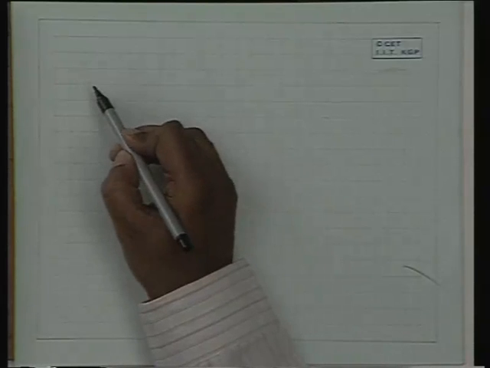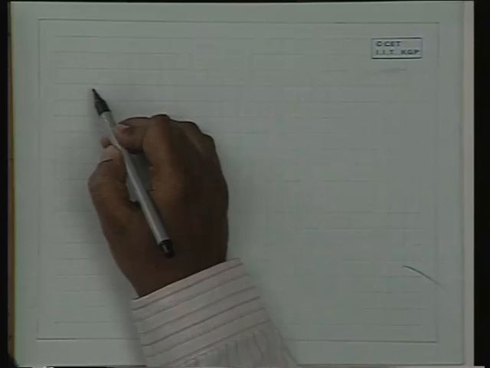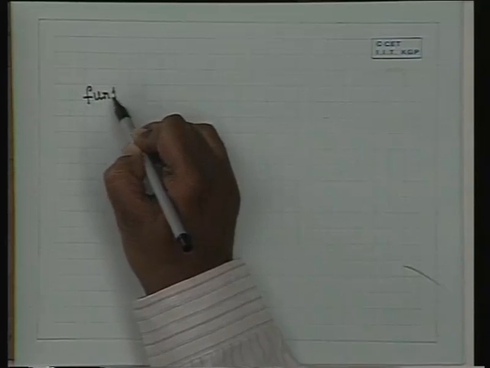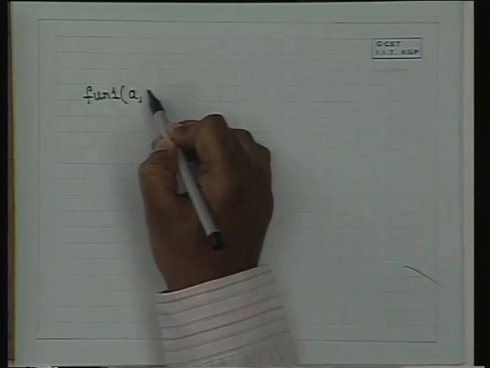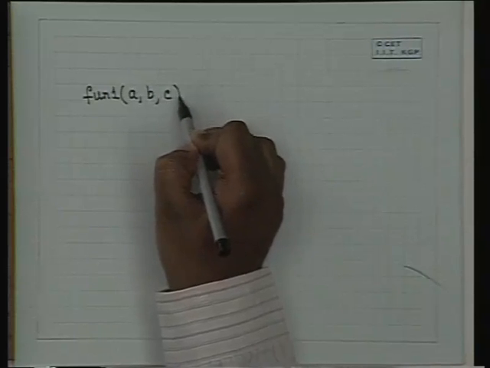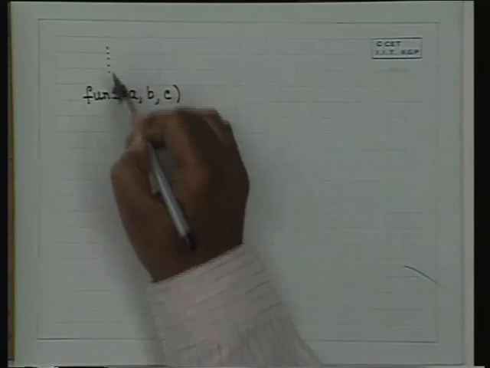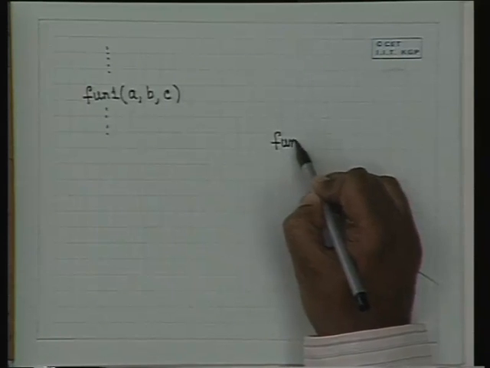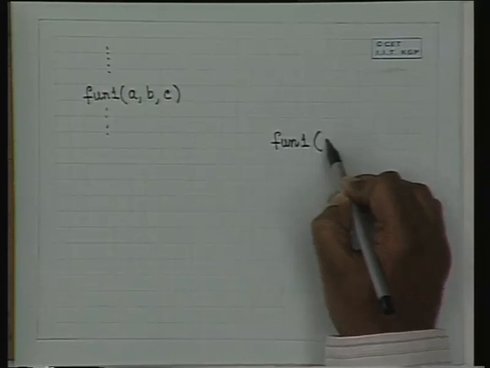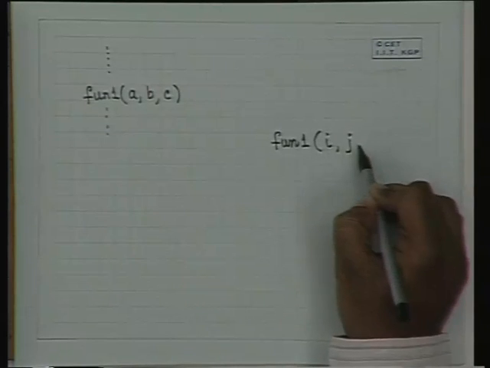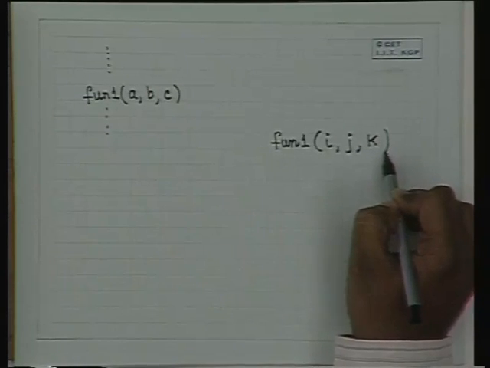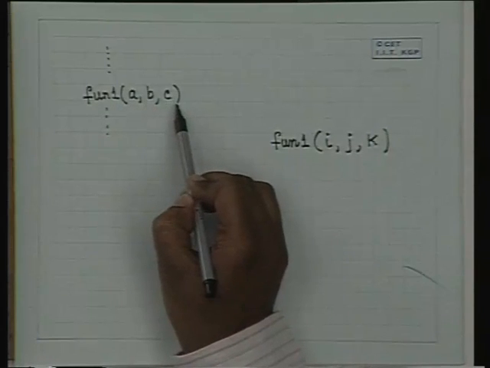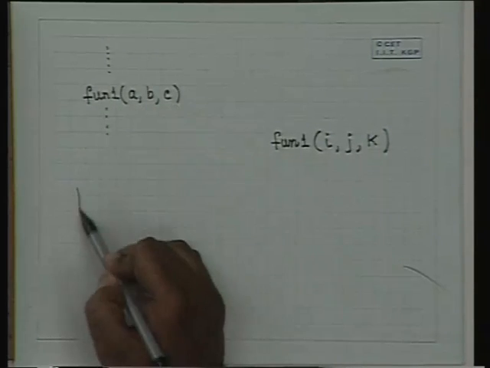Now in any programming language we shall see that when there is a function called, say, fun1 a, b, c, there is a call, and we have got the formal parameters as I mentioned before, i, j and k. Now these A, B and C are occupying some locations in the memory.